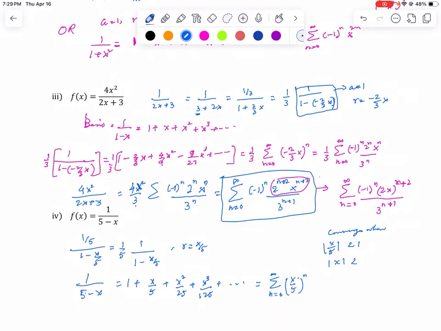So 5 gets multiplied, or you can say negative 5 is less than x is less than 5. So it converges on this interval. So this is the domain.